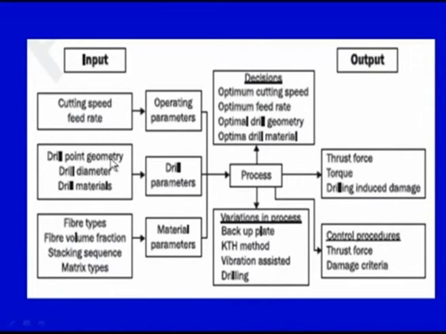Drill point geometry, suppose simple twist drill, drill diameter suppose 8 mm, drill material suppose high speed steel, and cutting speed and feed suppose I fix a range that cutting speed goes from V1 to V3 and feed rate goes from F1 to F3. Now this is one set of experiments that I will conduct with the conventional drilling process and record the thrust force and torque and the drilling induced damage.